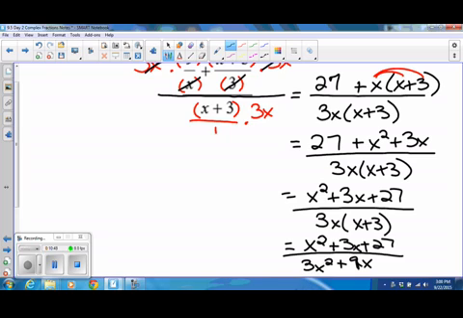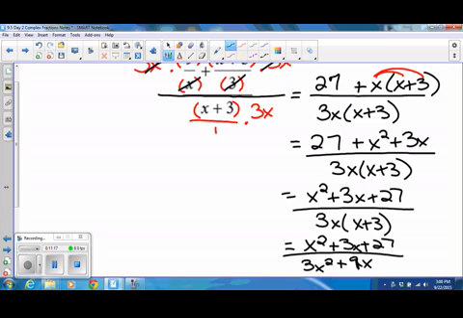And I believe on the answer document for your quarter exam review, all of the answers are in standard form. They're not in factored form. So don't freak out if you get to this point and the answer doesn't match. Try distributing and then see if it matches. Okay? But you always have to distribute on top so that you can combine your like terms.